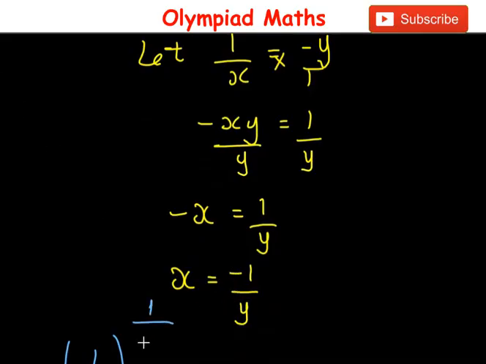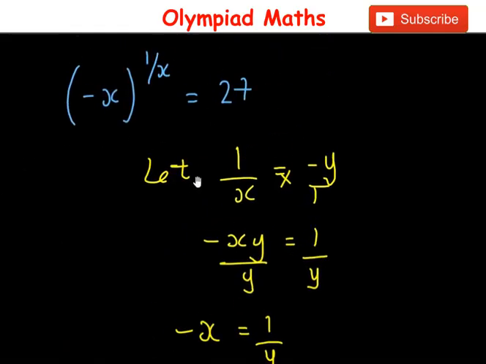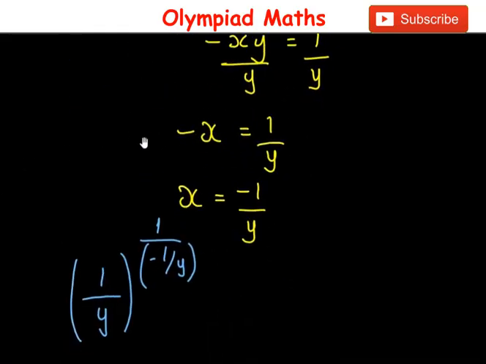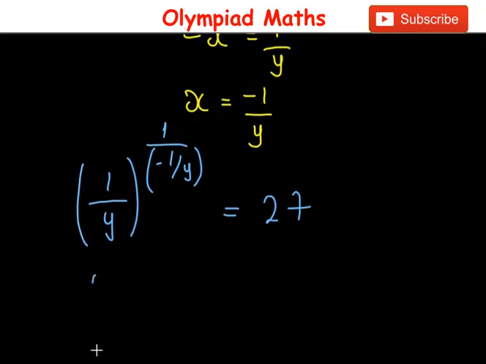So 1 over minus 1 over y, and this is equal to 27. Now, 1 over minus 1 over y is simply minus y, and this equals 27.